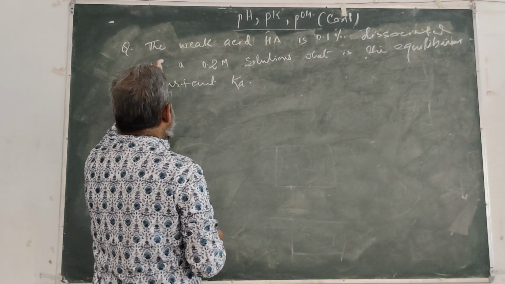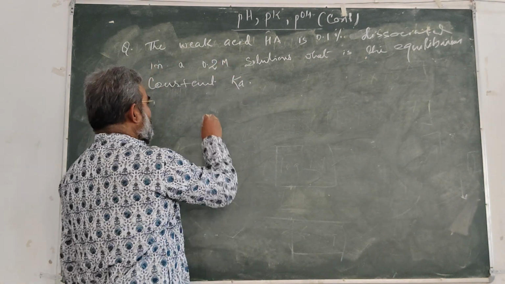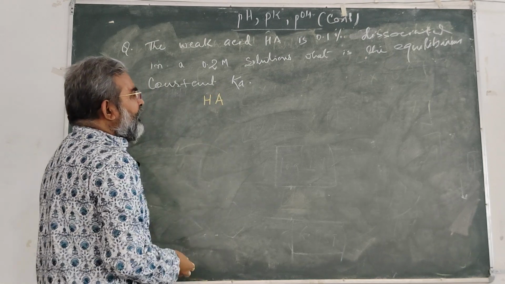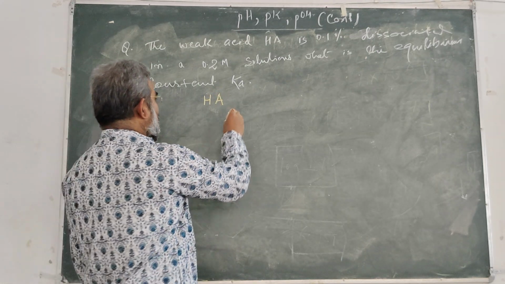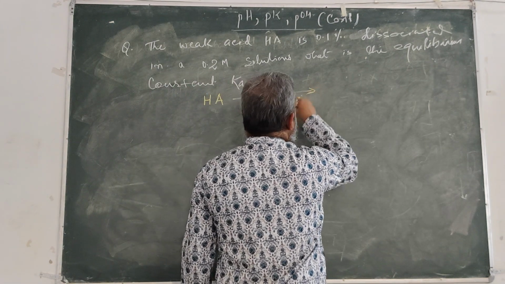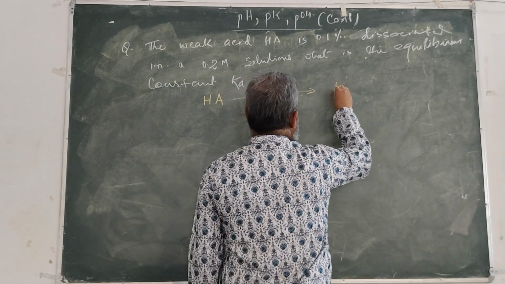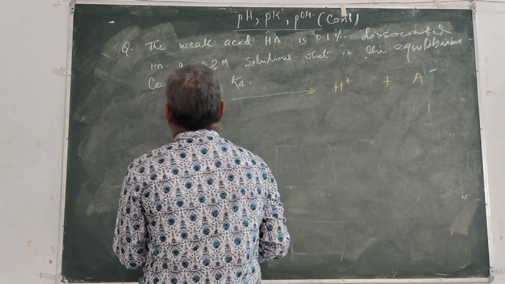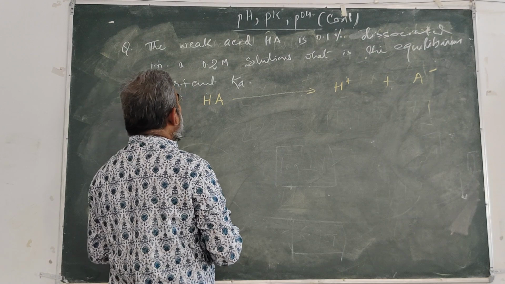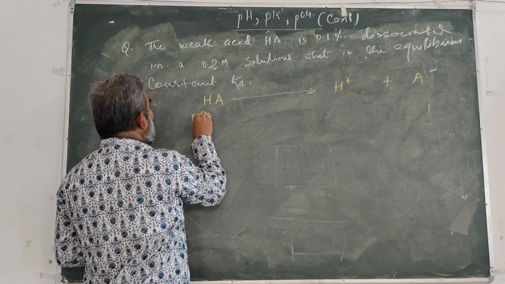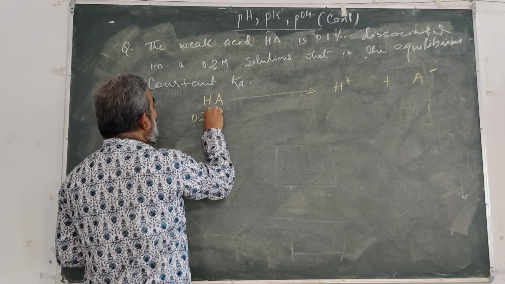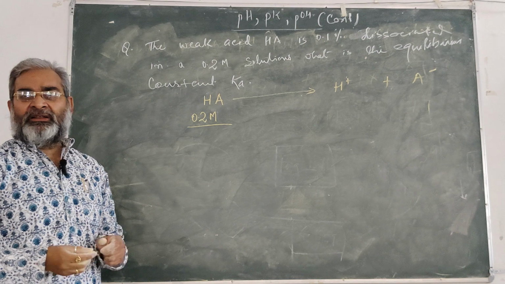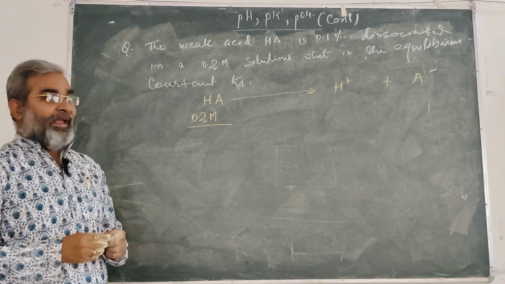The question is here, the weak acid HA is dissociated in a 0.2 m solution. Solution का strength क्या है? What is the strength? That is 0.2 m.